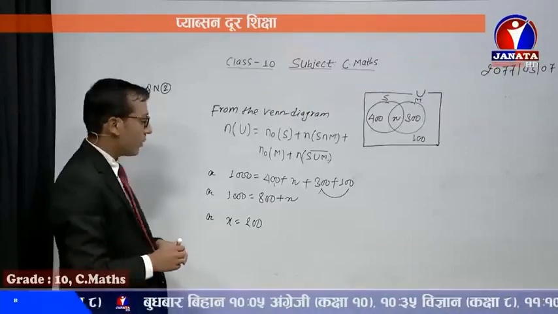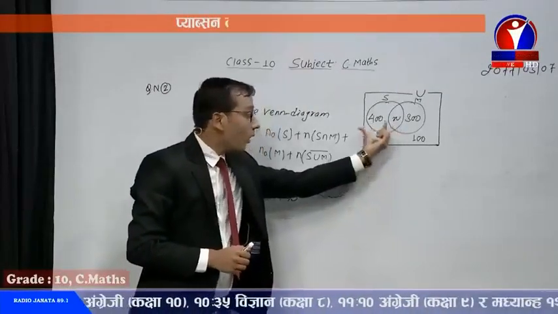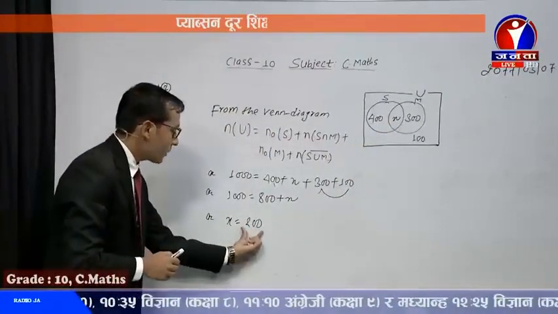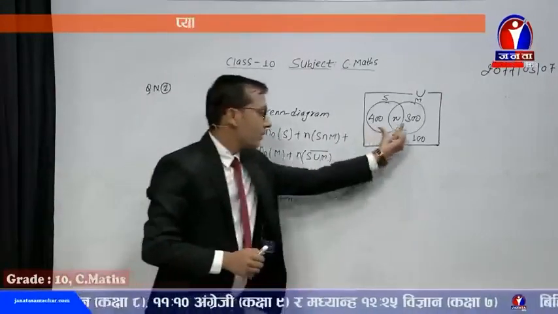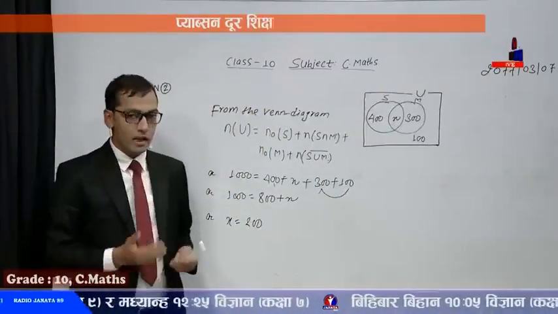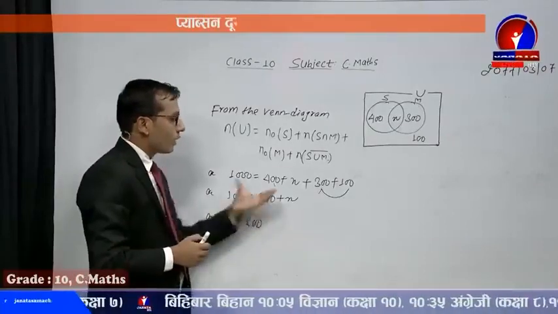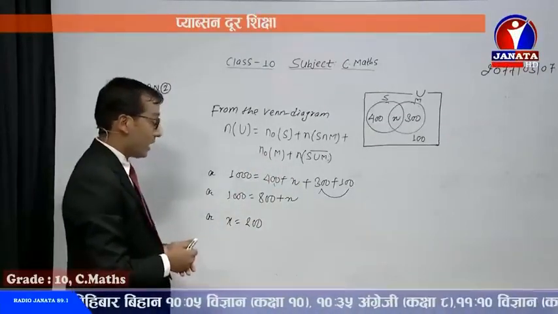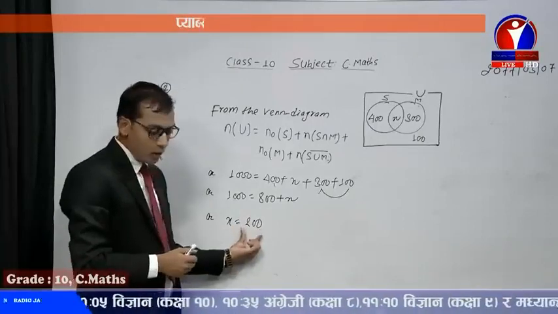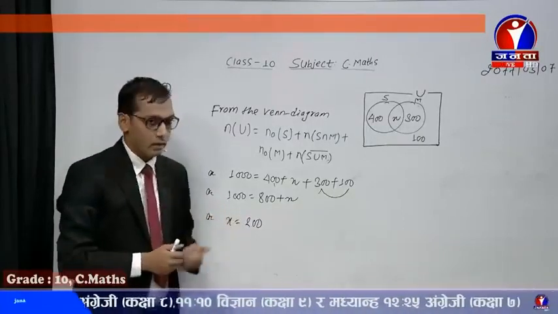We can also replace X by 200 in the diagram, but this is not necessary, because we are not asked to show the results in the Venn diagram. So 200 students failed in two subjects, science and math.